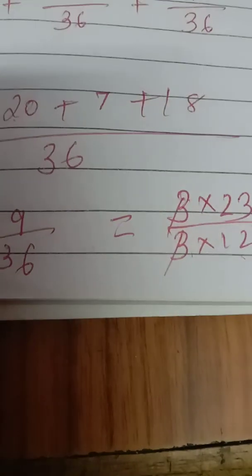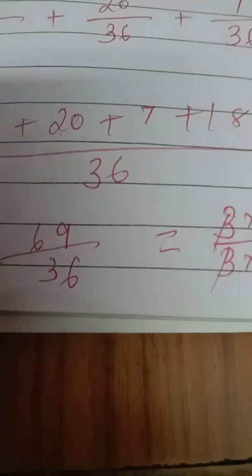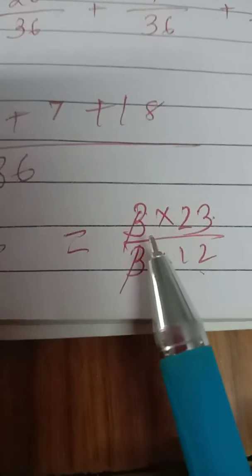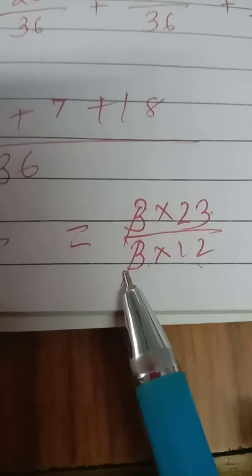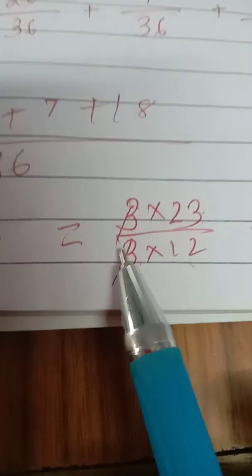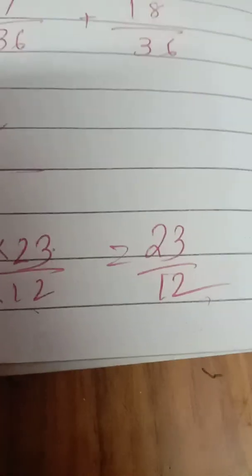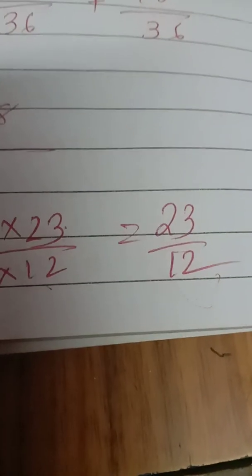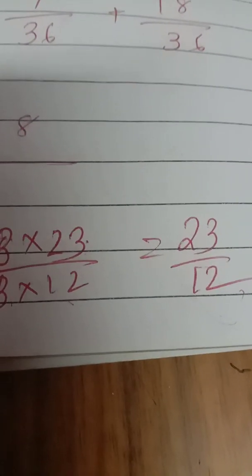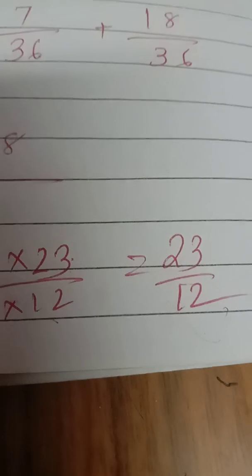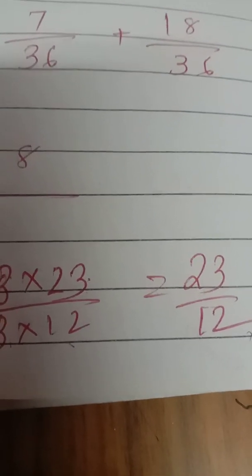Now I reduce it, dividing both numerator and denominator by 3. So 3 23s are 69, 3 12s are 36. Cut both 3 and 3. So 23 upon 12 is the reduced form and it is the answer of this sum.